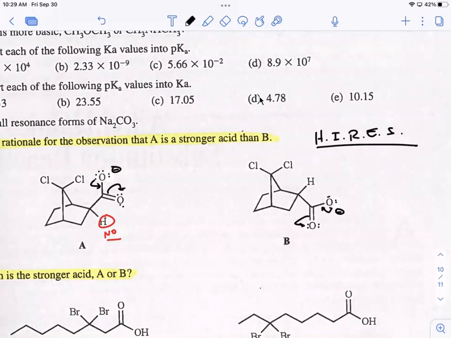But look at the acid A compared to B. What do you think? Do you think those chlorines are going to have an effect on that charge? I'm trying to think of a good way to describe induction.